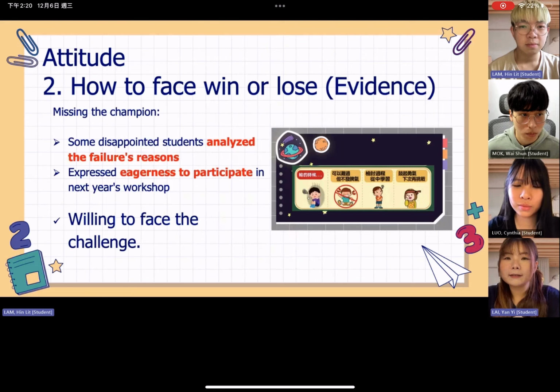Although they missed the championship, some disappointed students analyzed the failure reasons and expressed their eagerness to participate in next year's workshop. They are also willing to face challenges.